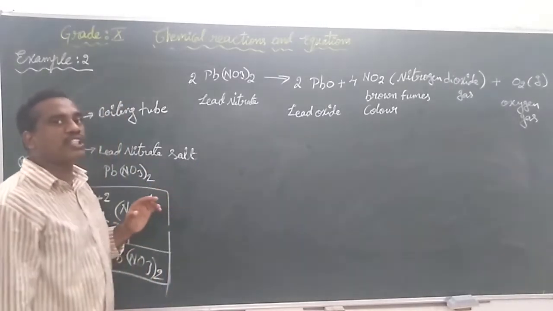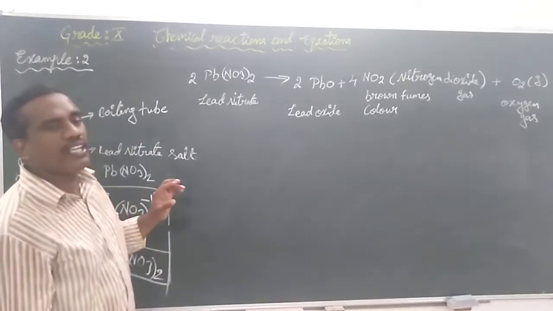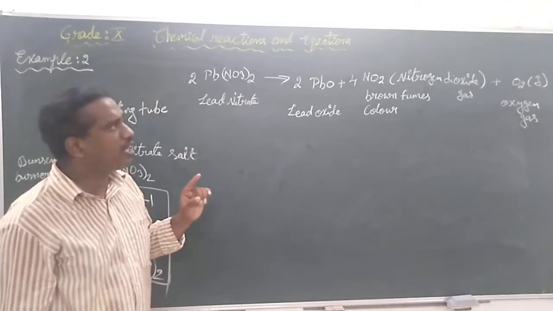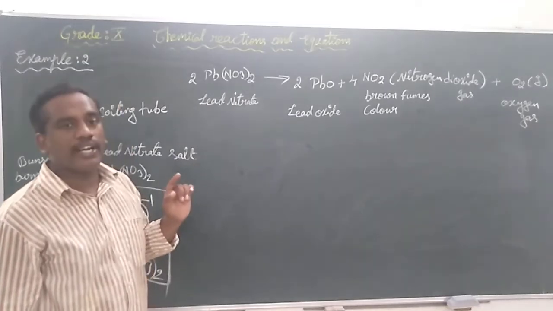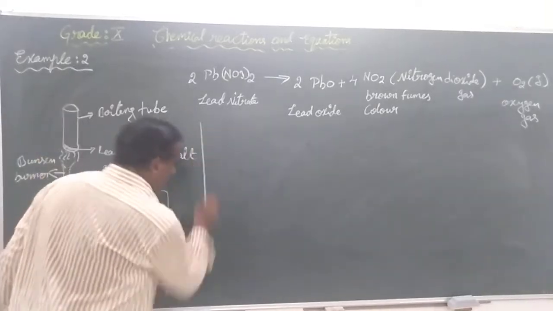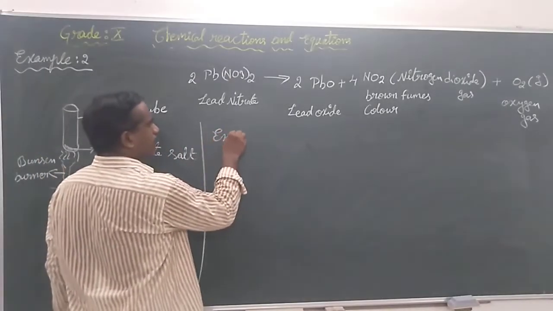So what observations do we make here? In this activity, we see brown color fumes. The brown color fumes are due to the nitrogen dioxide gas evolution. Let us take example 3.